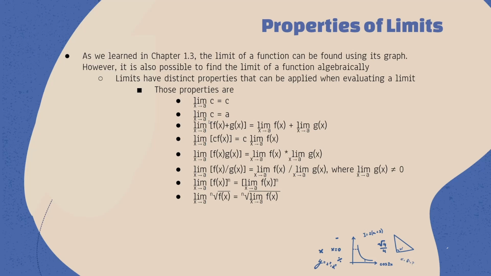The next one is a little bit more complicated, but all it's saying is that if you took the limit of two functions added together, for example, your first function is x squared and your second function is 5. So you're taking the limit of x squared plus 5. All that is the limit of x squared plus the limit of 5.